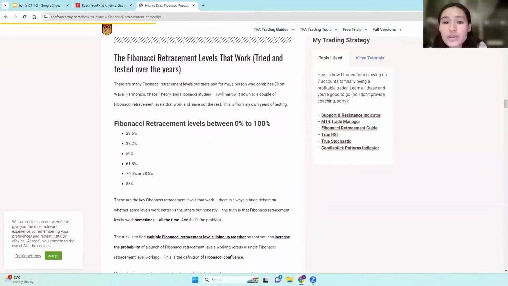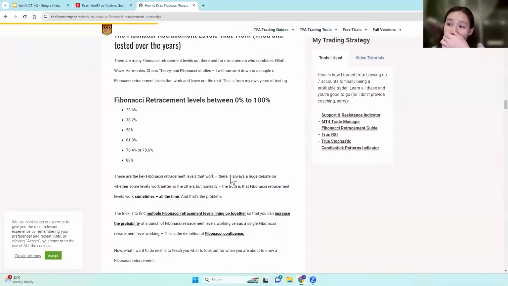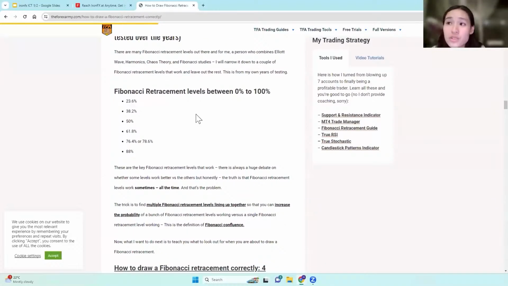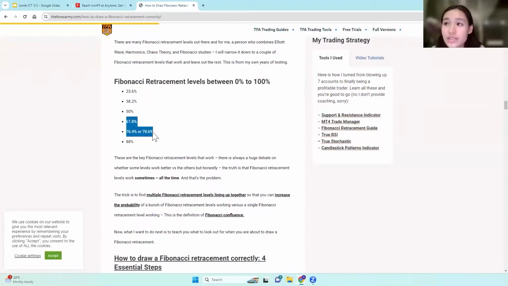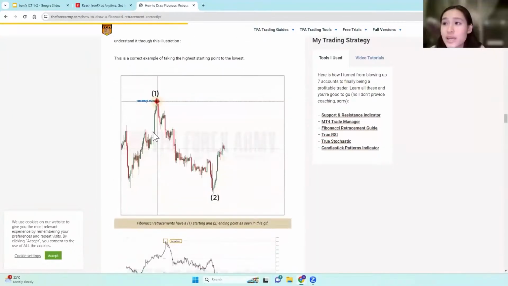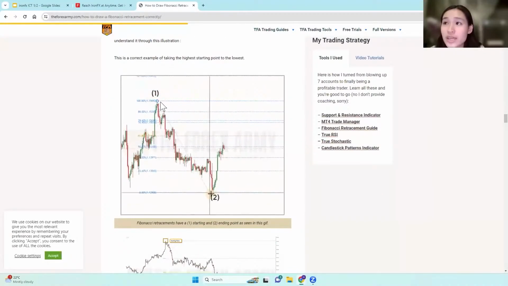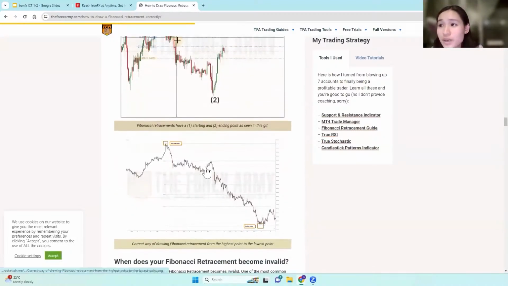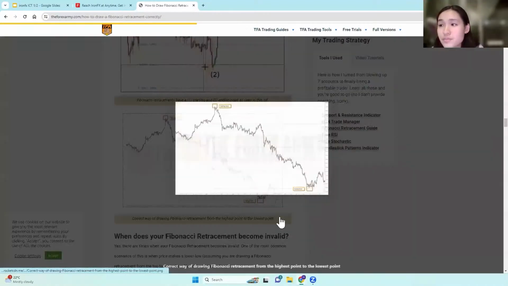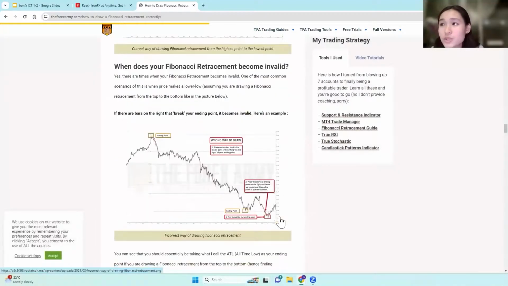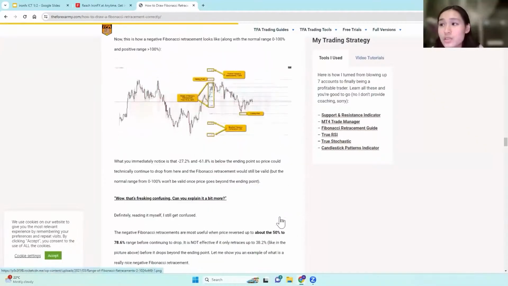If you're using the ICT to find an optimal trade entry, they recommend using a Fibonacci between 61.8 and 78.6. Although we typically use other levels, you would just be looking at these two levels here. How that works is basically by looking at the highest starting point to the lowest. It shows you the invalidation as well.